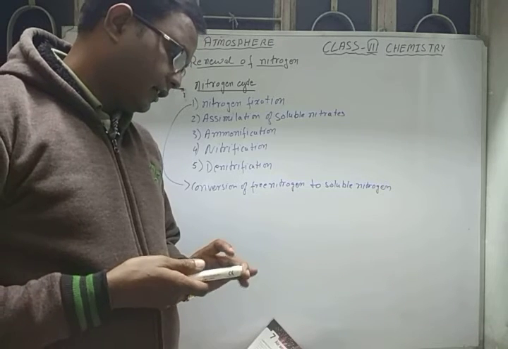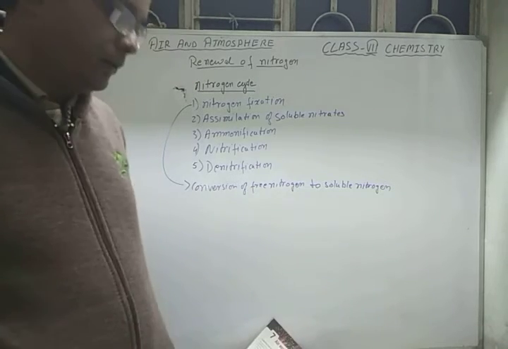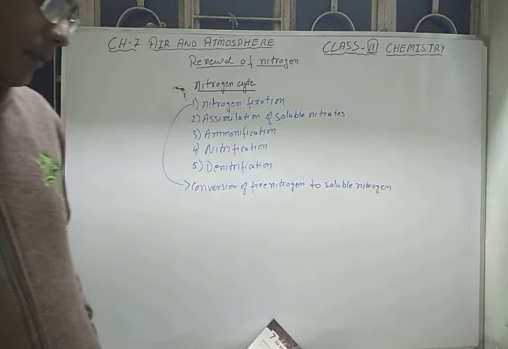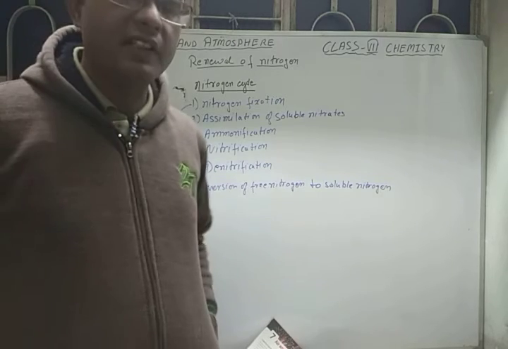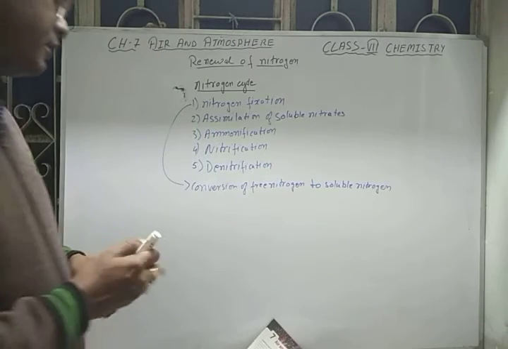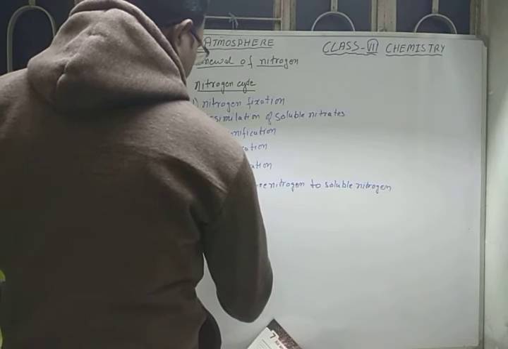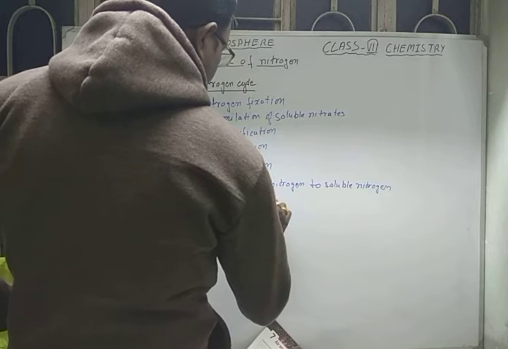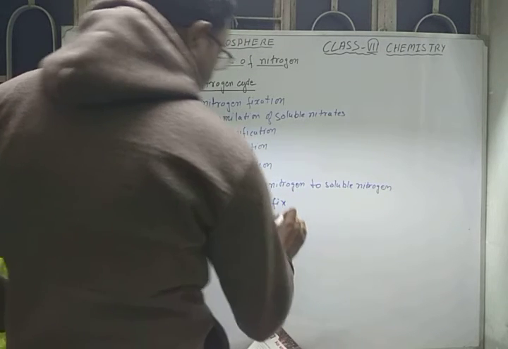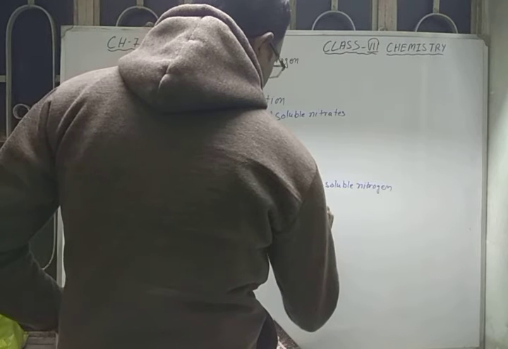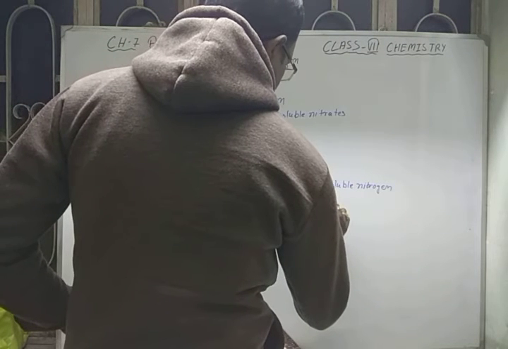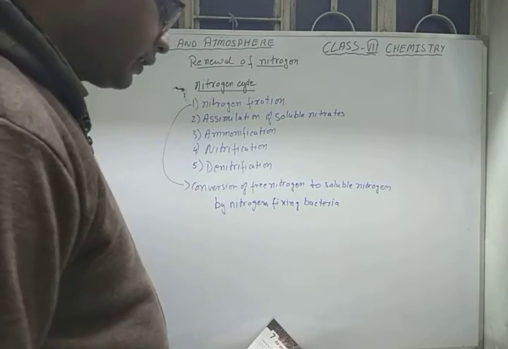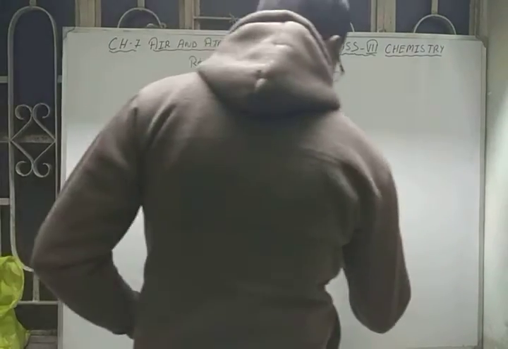How can it be converted into soluble nitrogen? The first process is that the nitrogen in the air is converted into soluble nitrogen with the help of nitrogen fixing bacteria. What is this bacteria known as? This bacteria is known as rhizobium.